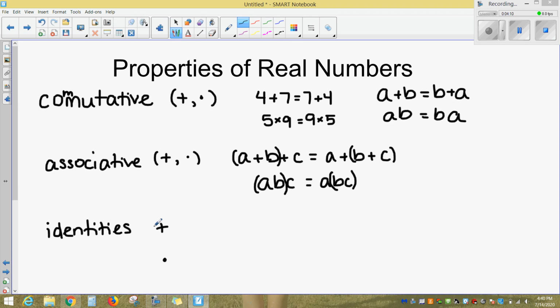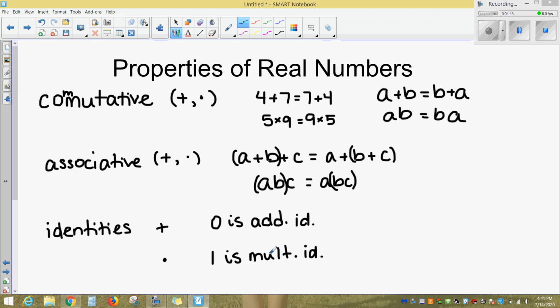Meaning, if I want to think for a minute, what's the number I can add to anything that doesn't change the number that I started with? That number is 0. 0 is what's called the additive identity. When we're thinking about multiplying, the number that I can multiply by any number that doesn't change its value is 1. So 1 is what's considered the multiplicative identity.